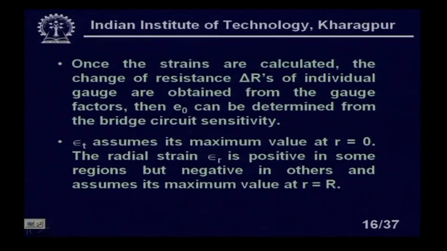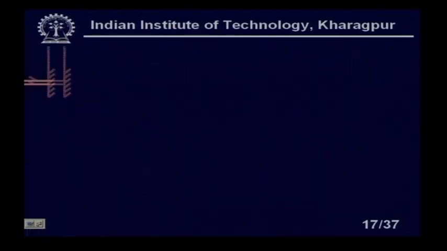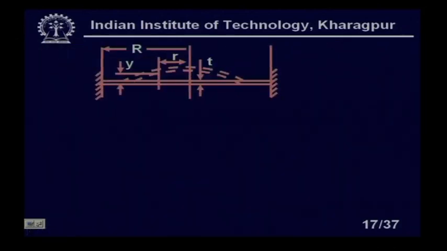Now, epsilon t assumes the maximum value at r equal to 0, and the radial strain epsilon r is positive in some regions, but negative in others, and assumes its maximum value at small r equal to capital R. You see here the diaphragm, how it looks. This is the position parameter, small r.